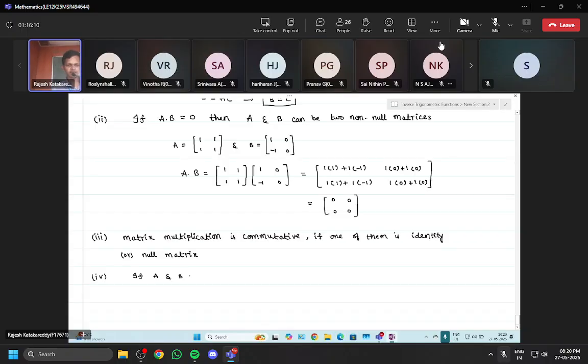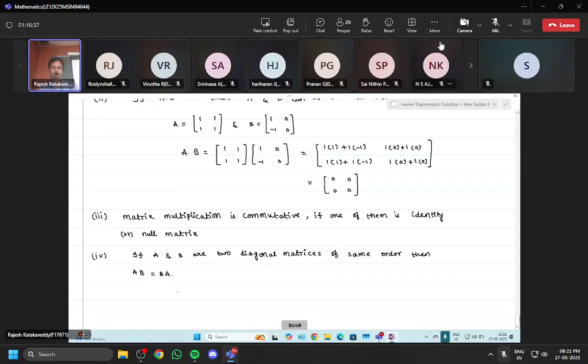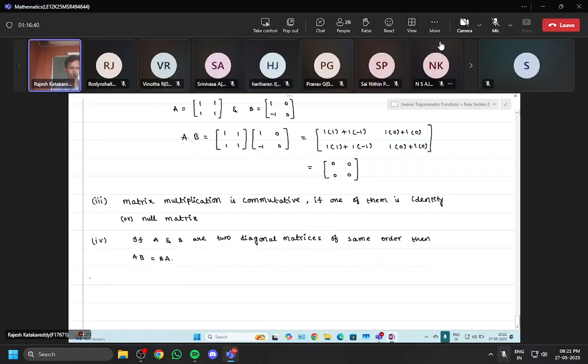If A and B are two diagonal matrices of the same order, then AB equals BA. Normally, this is like what we have seen in algebra, no?